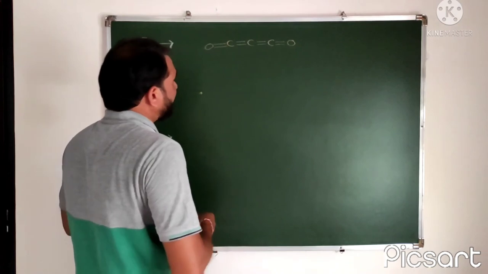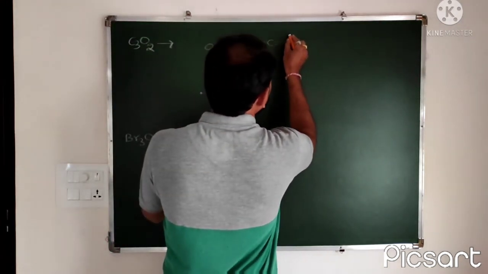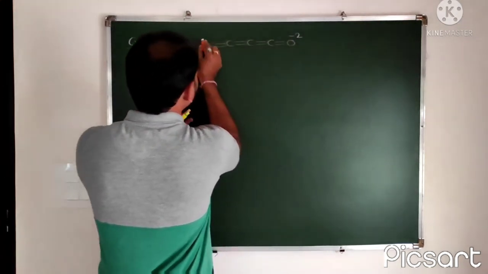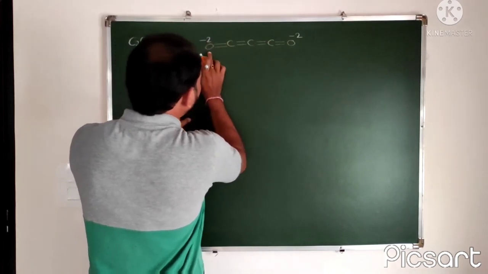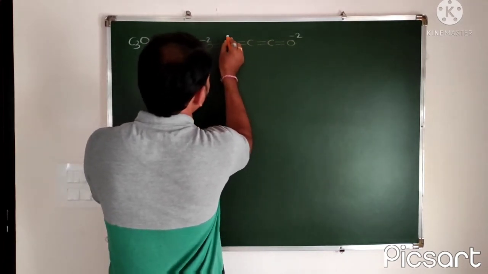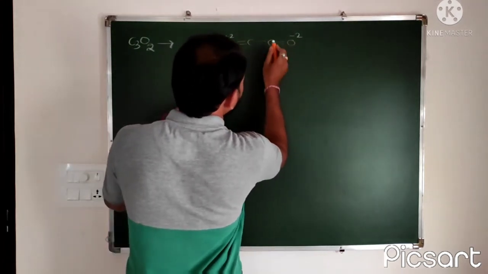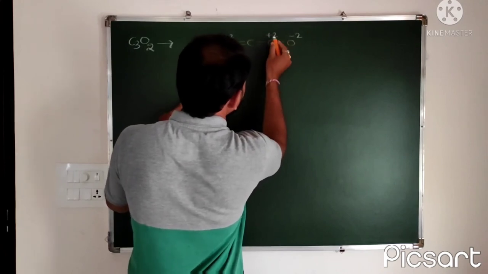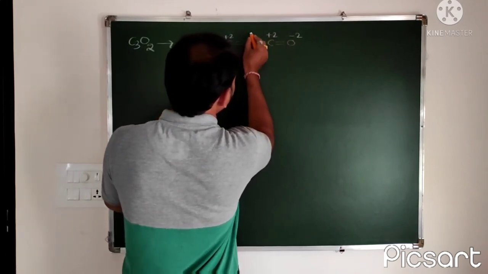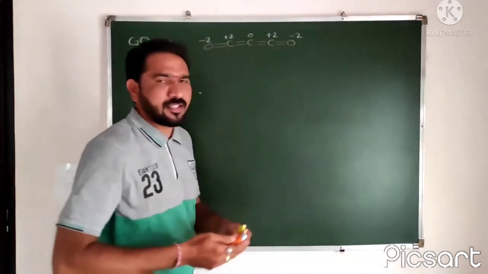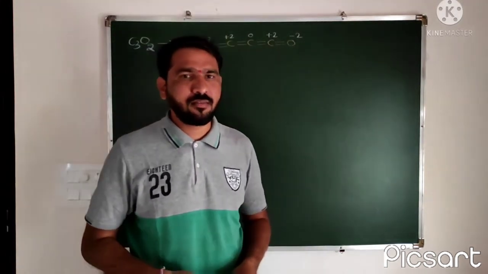Here the oxygen oxidation state is minus 2. Here also minus 2. It means the adjacent carbon oxidation state is plus 2. Here also the adjacent carbon oxidation state is plus 2. What about the central one? 0. Like this we easily get the oxidation state of carbon.